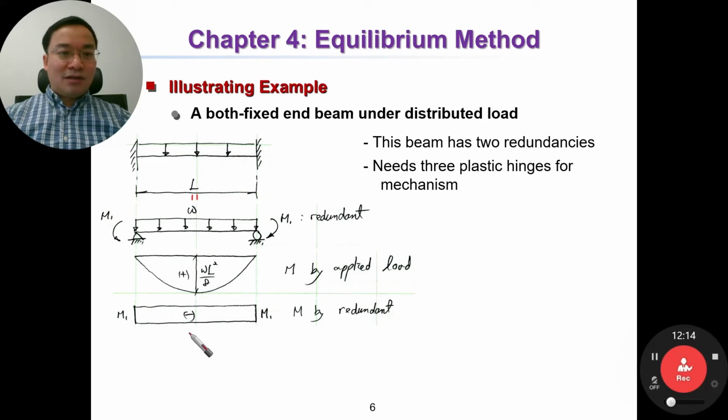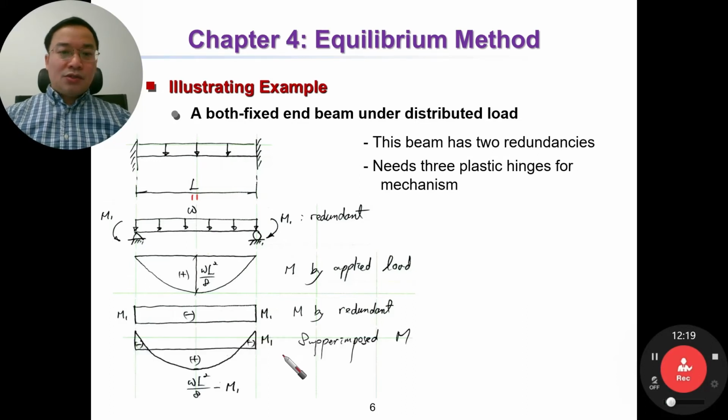Then we superimpose them: this plus this equals this moment diagram. Here the maximum is WL squared over 8 minus M1, and the moment at the ends is M1. So this is the moment diagram of the whole structure using the superposition method.